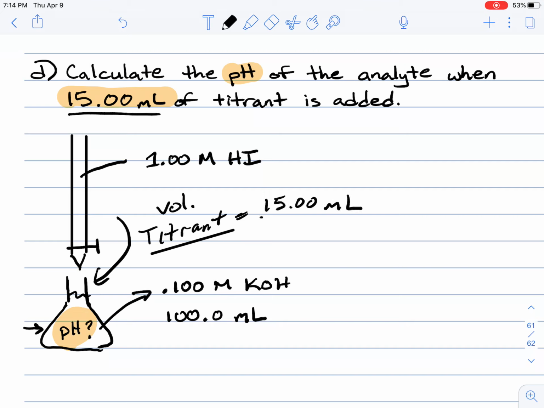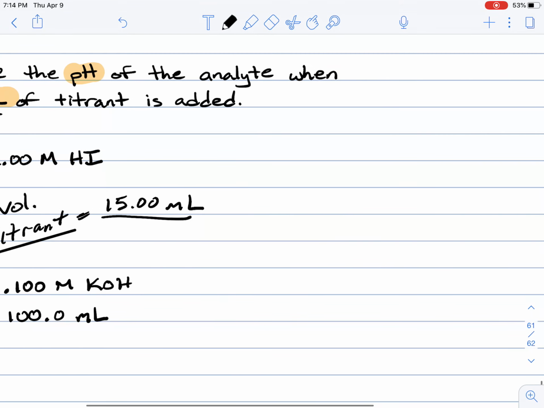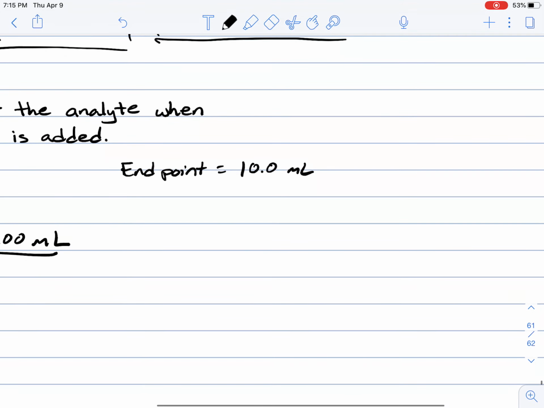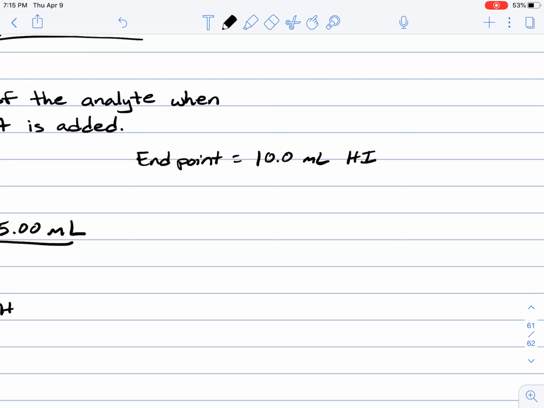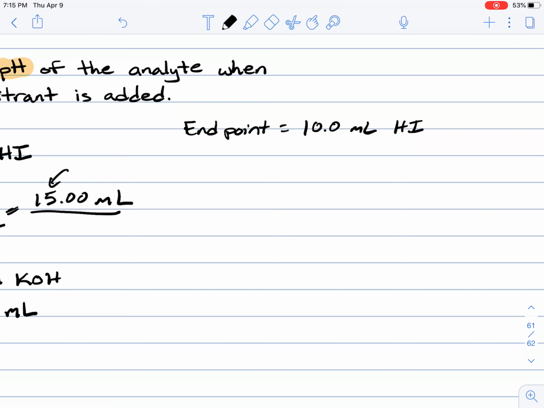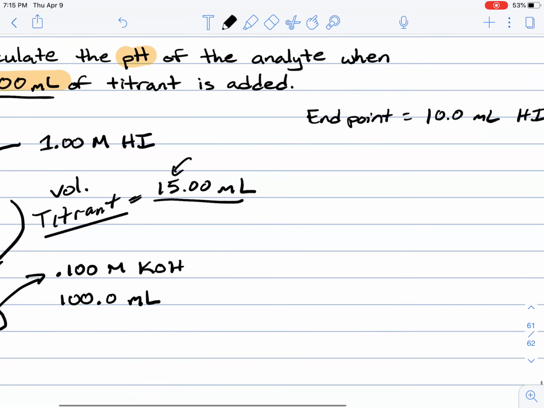And so if the end point occurred when 10.0 mils of our hydroiodic acid was added, then that means if we add an extra 5 mils for a total of 15 mils, then we'll have excess titrant.